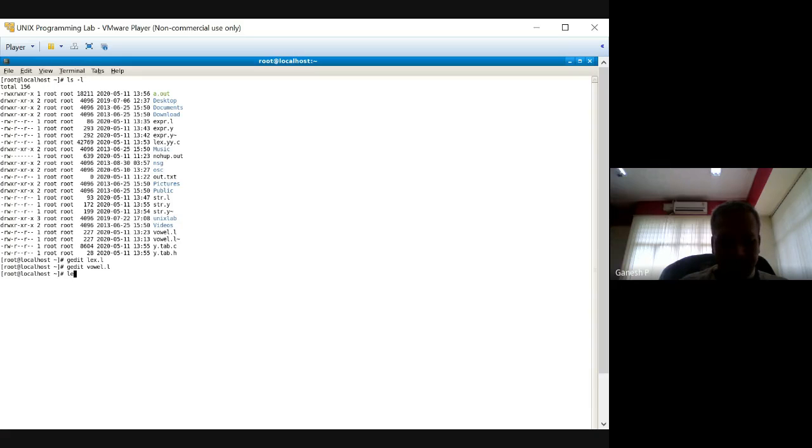To execute, lex is the command, followed by the name of the program. Once executed with no error, it will create another file called lex.yy.c. Since it is a C program, I will compile it with gcc, and I need to link the C program with the Lex library.